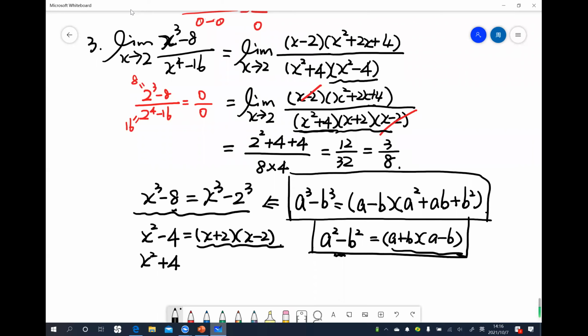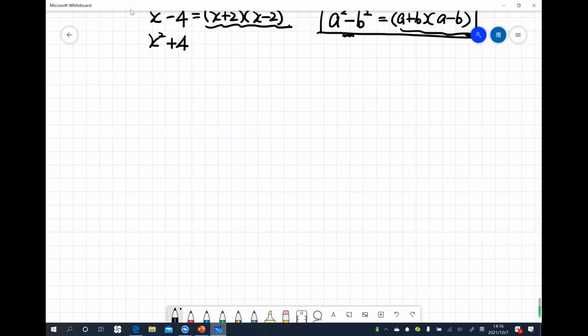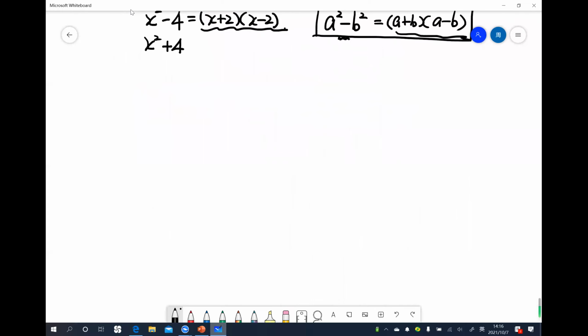So for this kind of question, you have to know the basic formulas and try to solve it. This is what we learned last week, and we learned the descriptive definition of a limit. Here we can review it. The limit of a function f(x) as x approaches x sub 0 means that as x approaches x0, the value of f(x) approaches a fixed number.